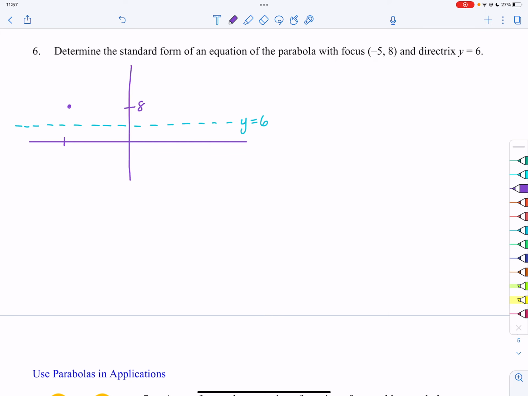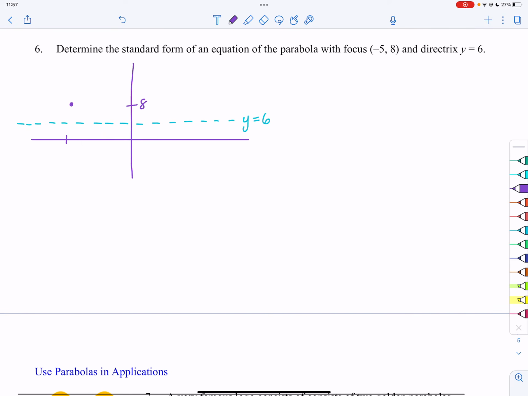So keep in mind that when we have the directrix y equals 6, this is y equals k minus p.